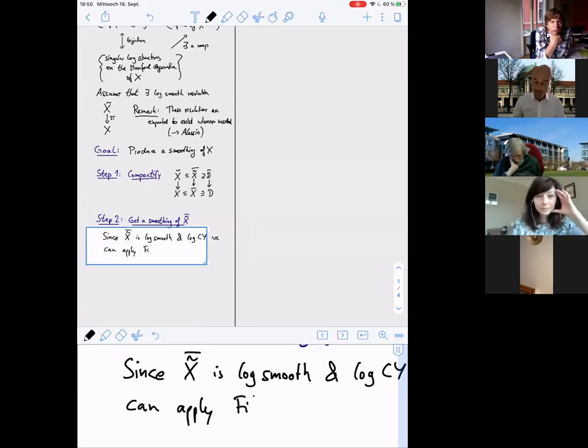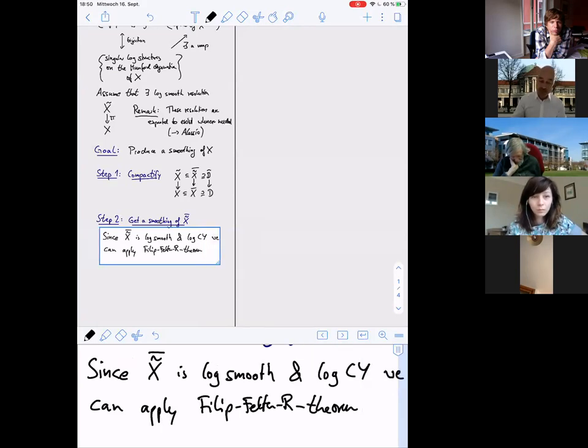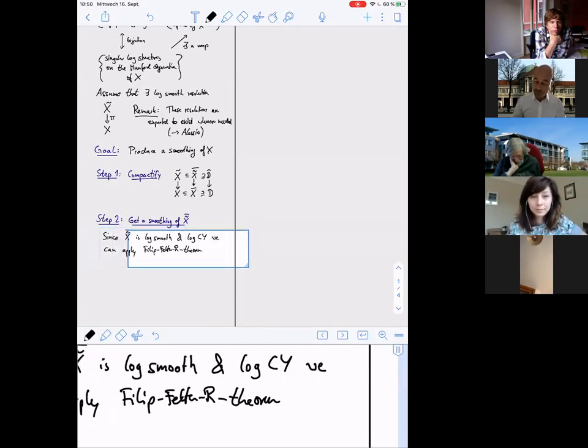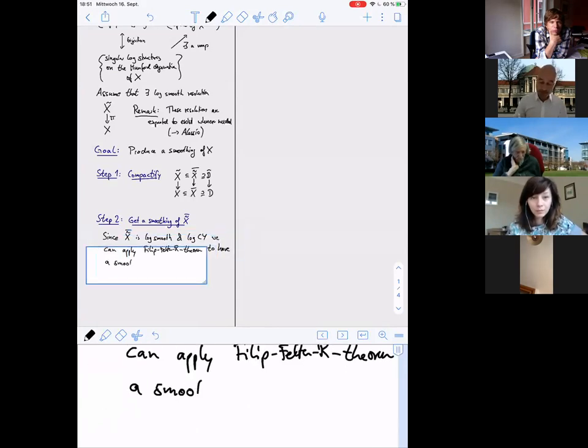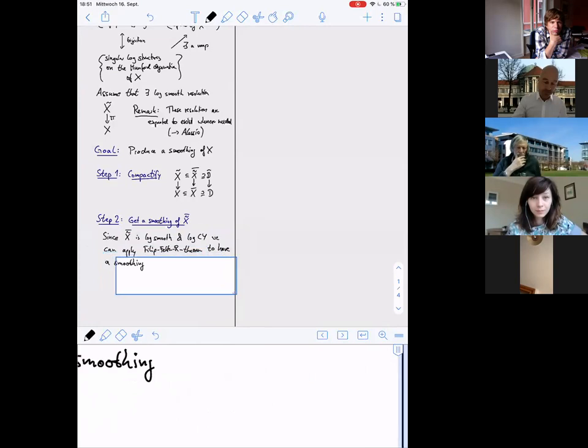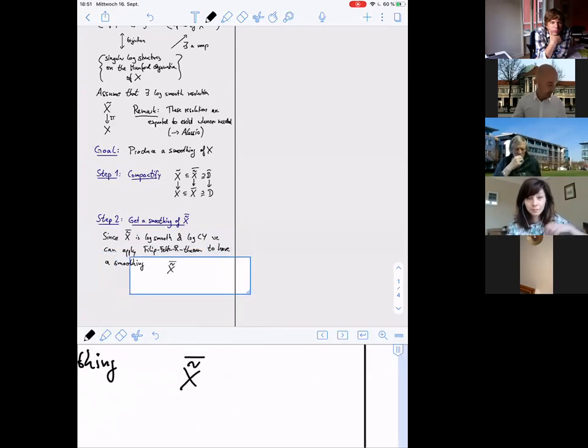So it was the Philip-Felten theorem to have the smoothing, okay? The smoothing. So that's pretty simple, huh? So you just use that theorem, and then that's pretty much it.